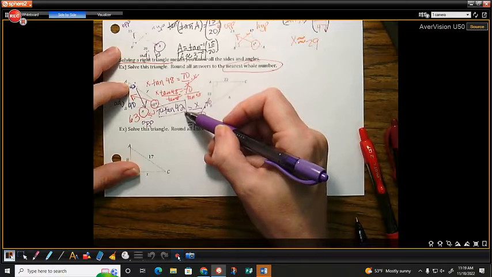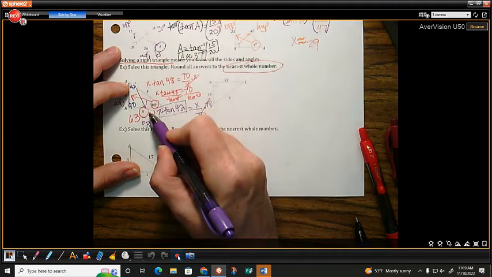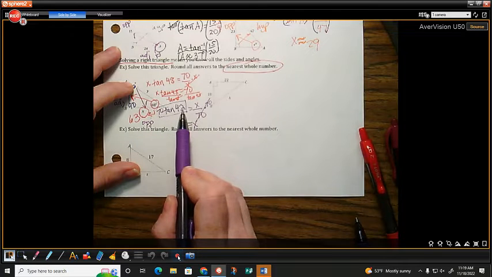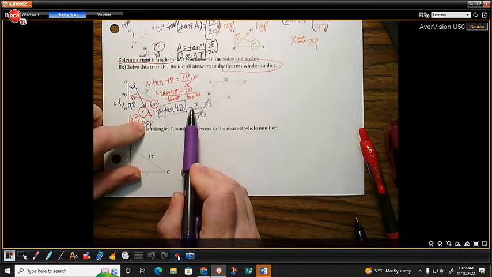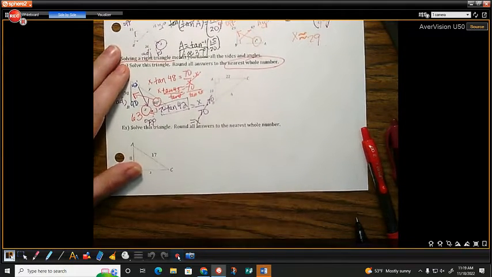Now I'm using the 42-degree angle. So when I did the tangent of 42, X ends up being the opposite, and 70 ends up being the adjacent. See, I picked a different reference angle. But what does X still end up being?